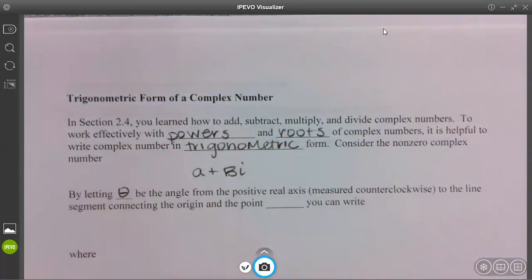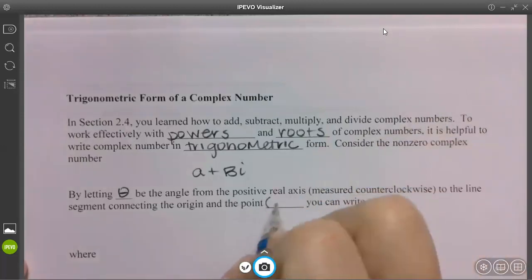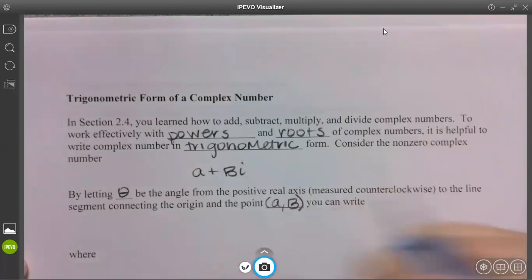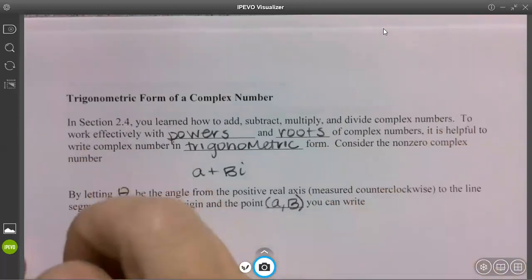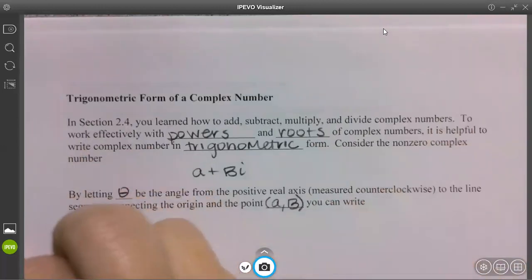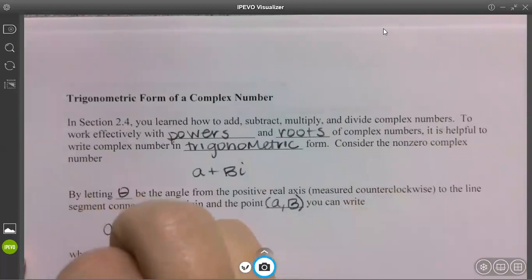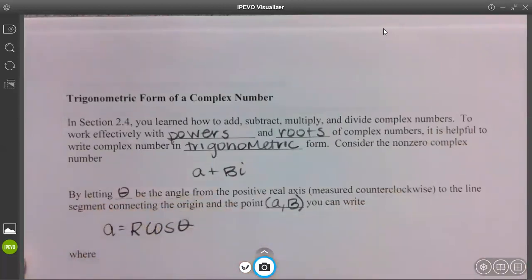By letting theta be the angle from the positive real axis, measured counterclockwise, to the line segment connecting the origin and the point (a, b), you can write a equals r cosine theta.